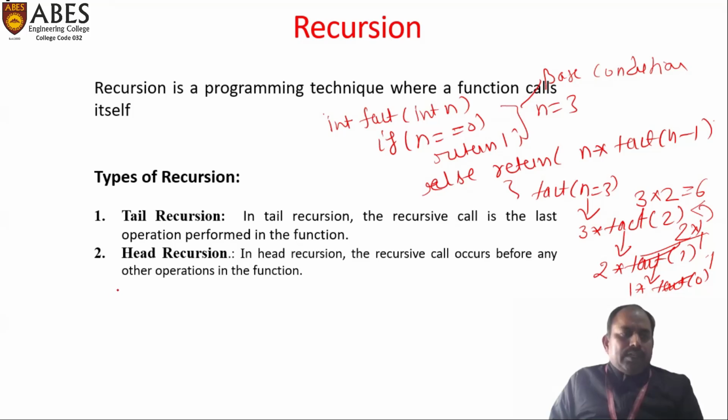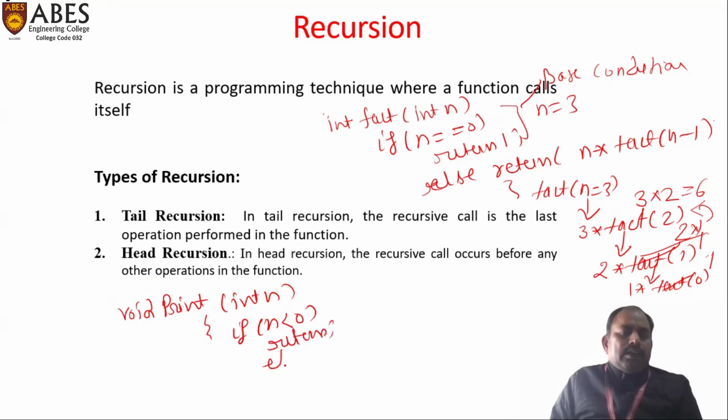An example of tail recursion: suppose we have a function void print(int n). We write the base condition: if n is less than 0, then the function should return, else we write printf("%d", n) and then print(n minus 1).